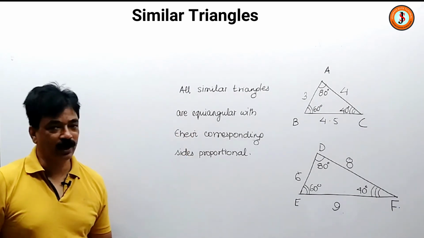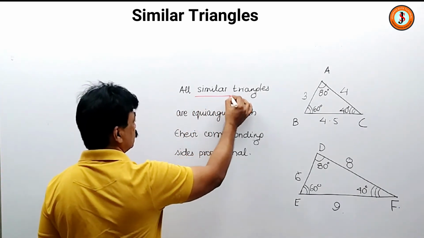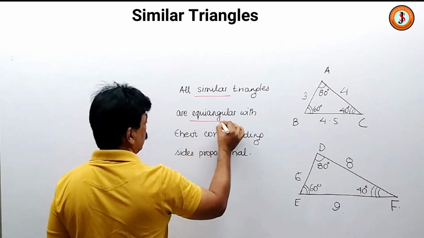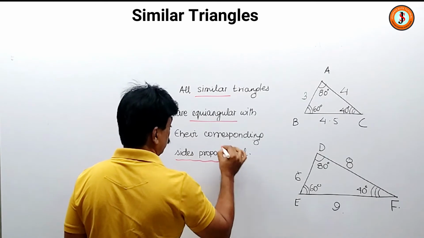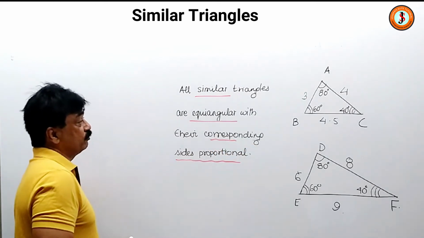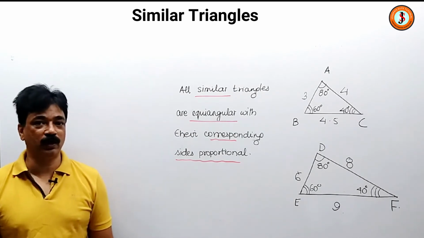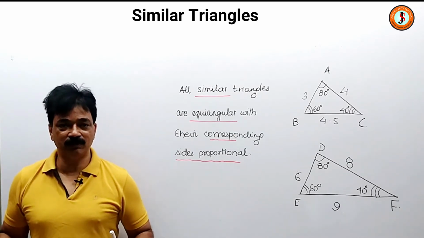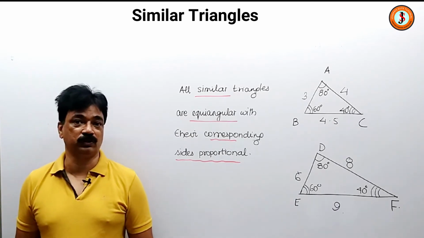Now notice what I have written. All similar triangles are equiangular with their corresponding sides proportional. So if triangles are similar, they have to be equiangular and their corresponding sides have to be proportional.